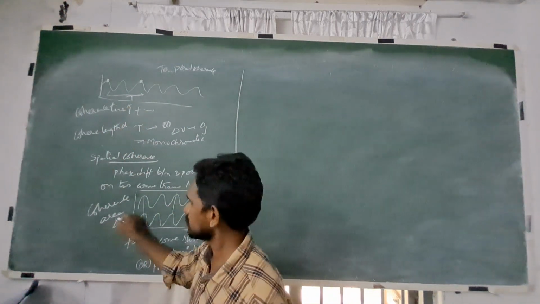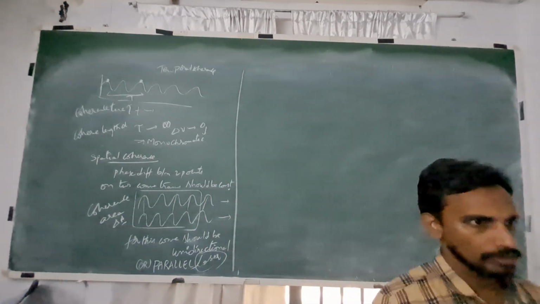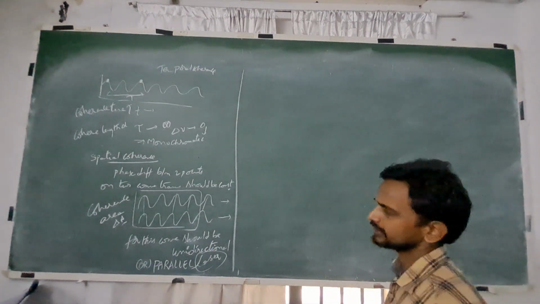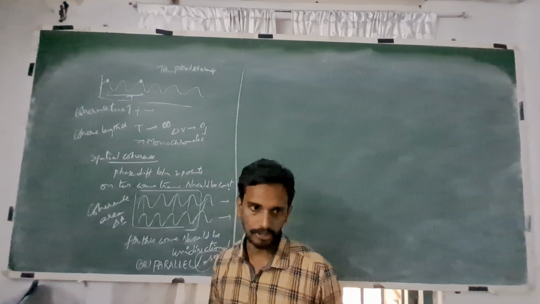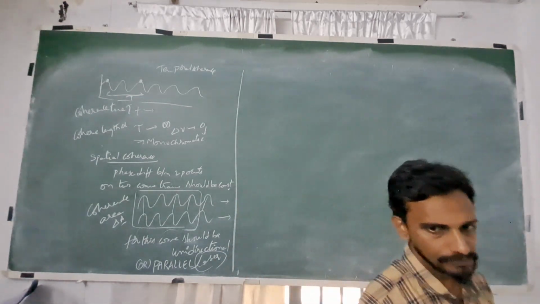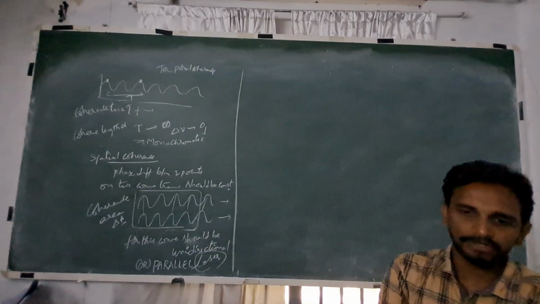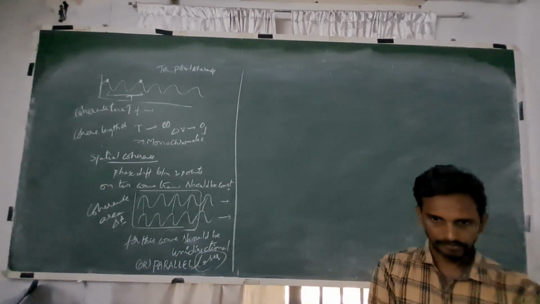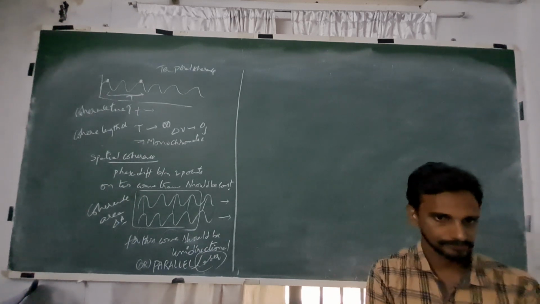Here we can define coherence area over which two or more wavetrains maintain constant phase. So if you have multiple waves, you can cover more area. It's coherence area.